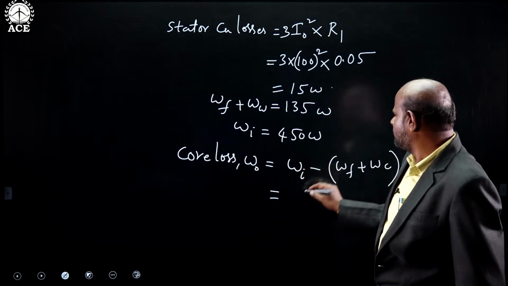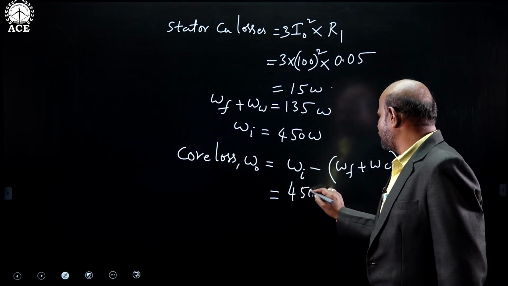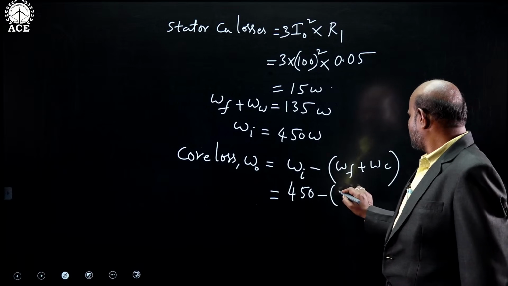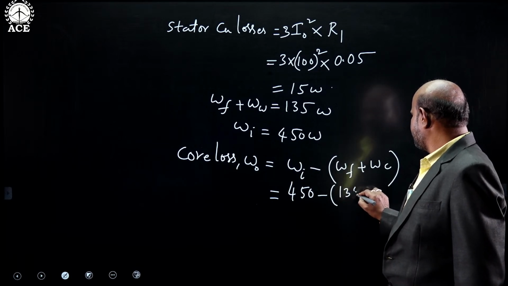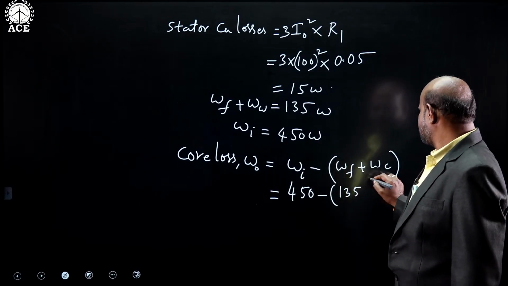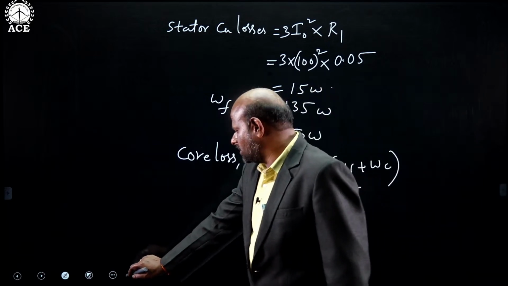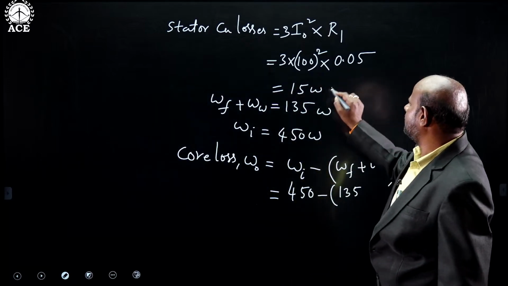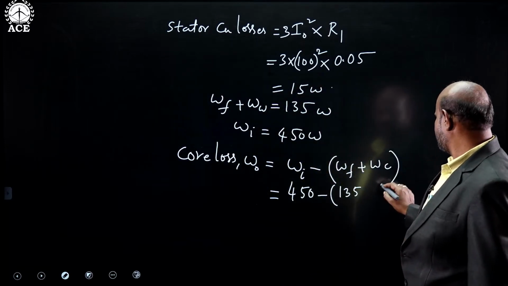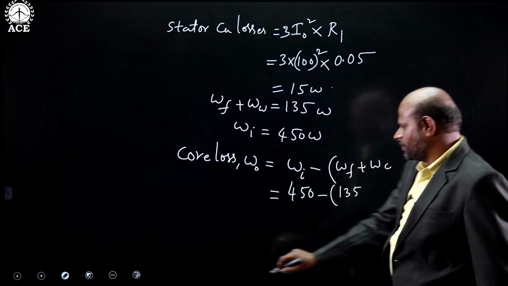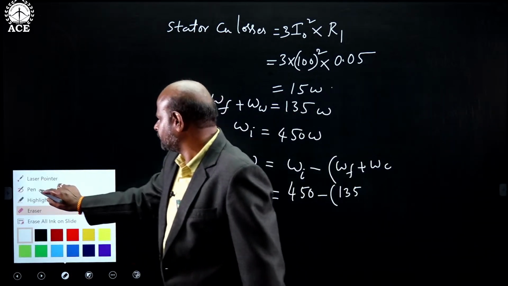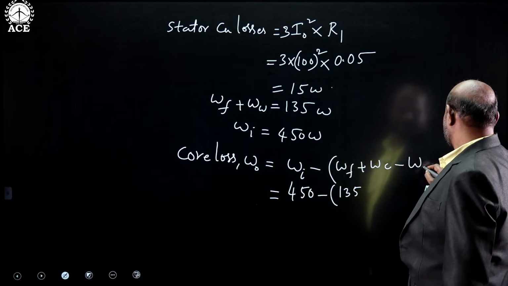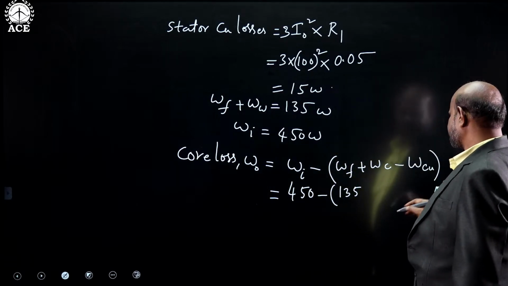So what is the windage? Input power is 450 minus windage and frictional losses, combinedly 135, plus one more loss is there, that is stator copper loss. Already we have calculated. What is the stator copper loss? 15. So minus stator copper loss.